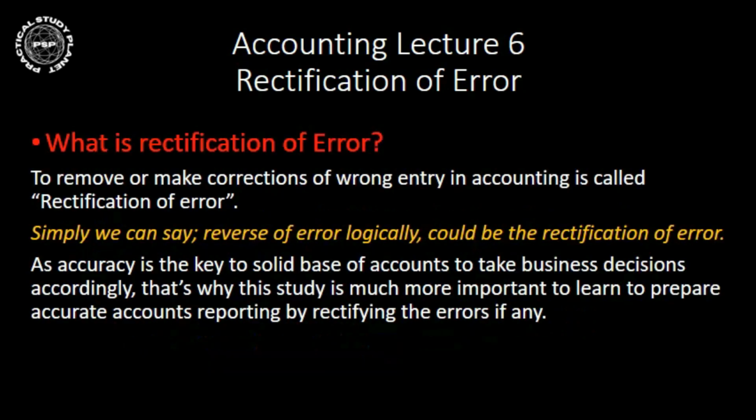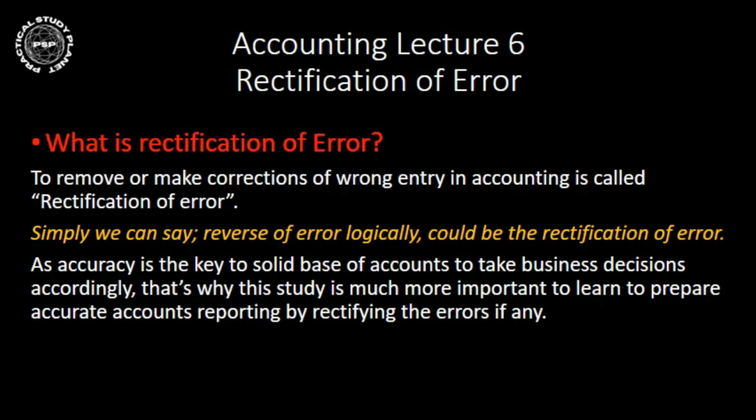Let's move on. What is rectification of error? To remove or make corrections of a wrong entry in accounting is called rectification of error. Simply we can say the logical reverse of an error is the rectification of error.